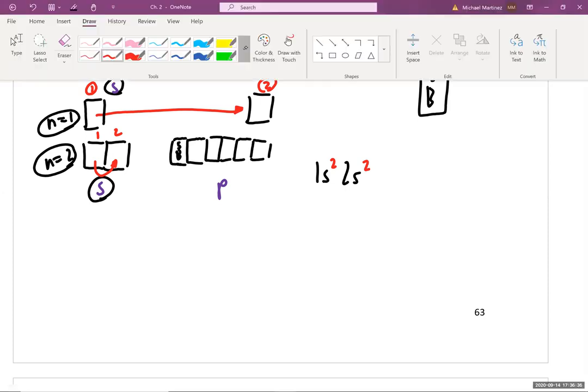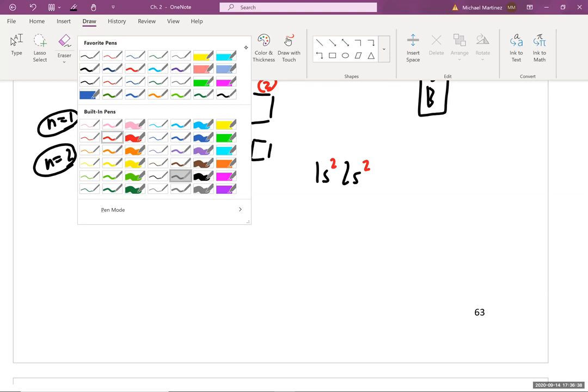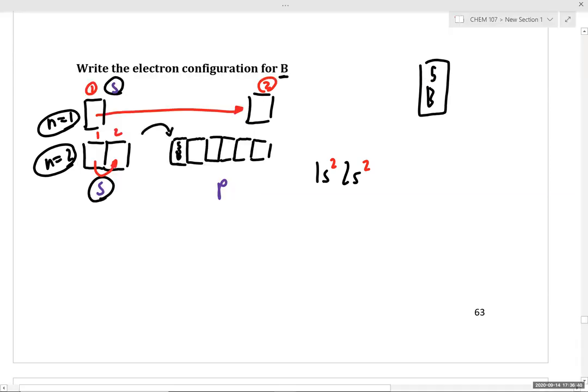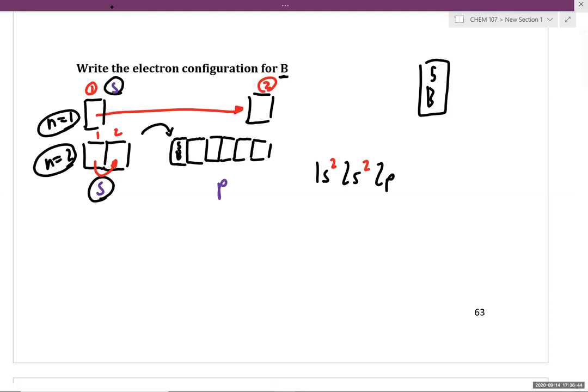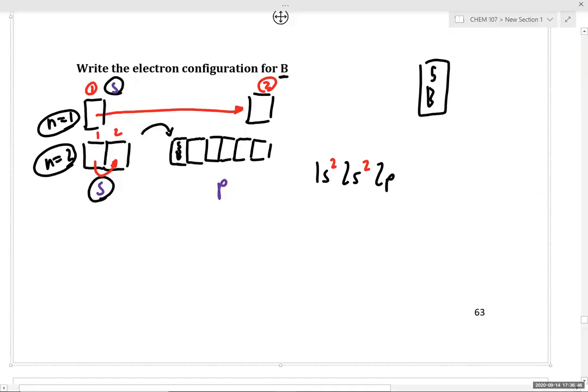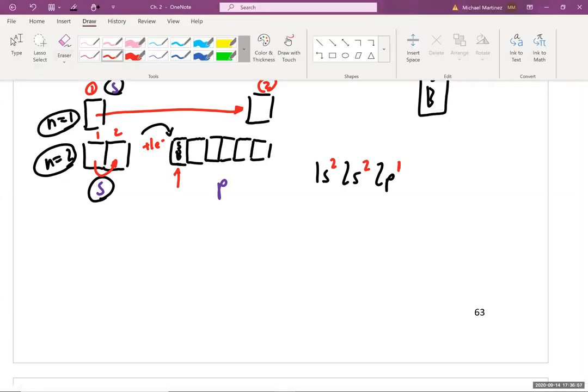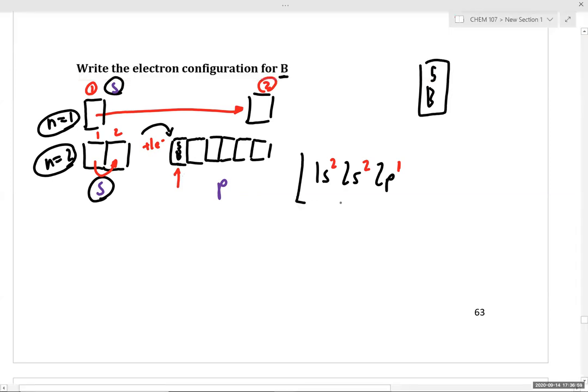Finally, we've moved into the 2p block, and to reach boron, we need to move 1 space into the 2p block, so we have 1 electron in our 2p orbitals, sorry. So this would be the complete electron configuration for boron using the periodic table method.